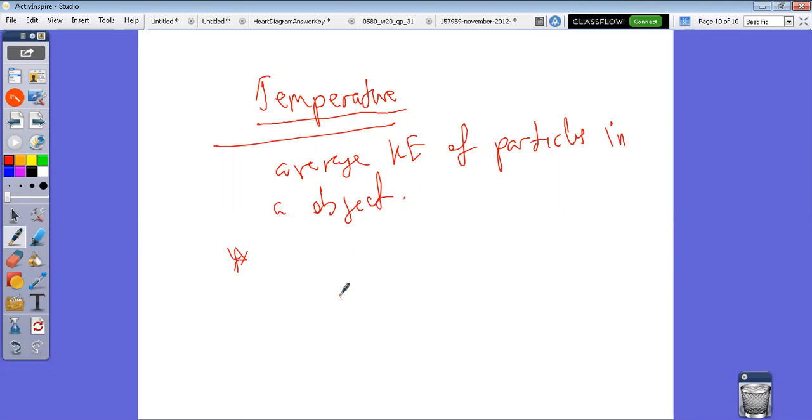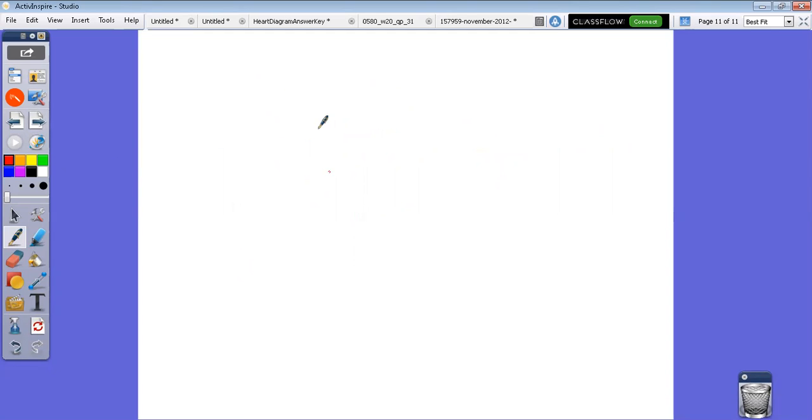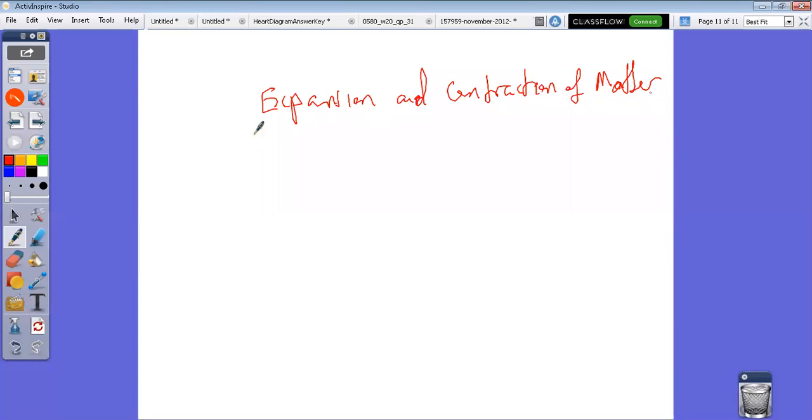Now let's look at expansion and contraction of matter. I think I'll give you some notes here.